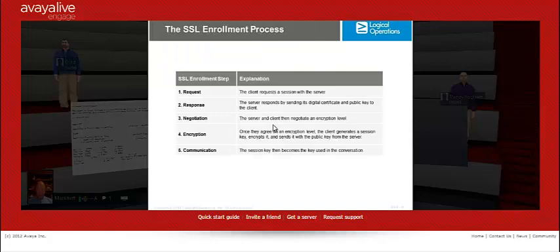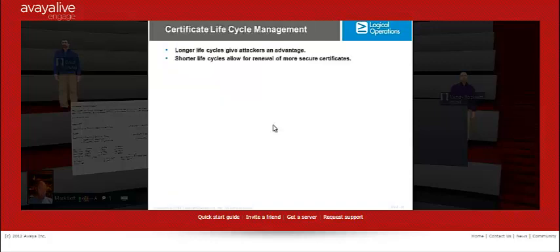And going back to this process, there's a whole list of factors covering certificate life cycle, such as the length of the key. As mentioned, the longer the key, the more processing power involved, but the more secure the encryption is.